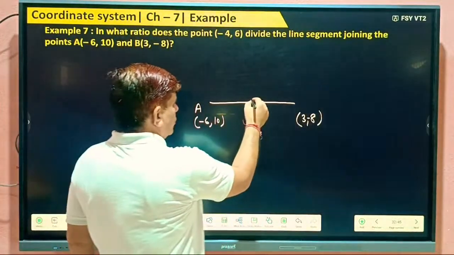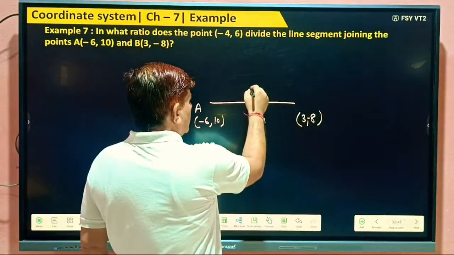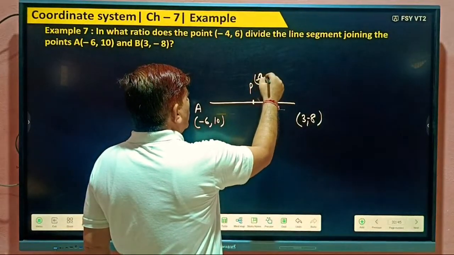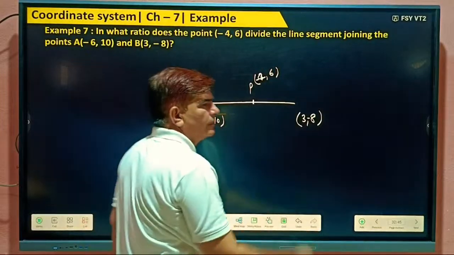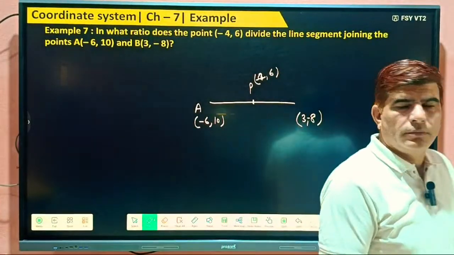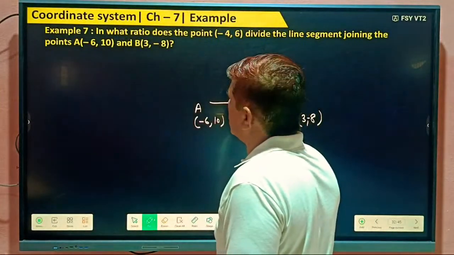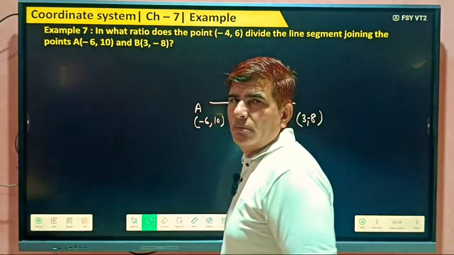And this point is also given. This is point P whose coordinates are minus 4 and 6. So it asks, this line is divided by this point in which ratio?